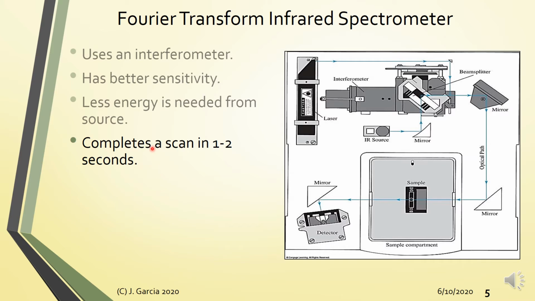With the dispersive IR instruments in the old days, to get a single scan, it would take around 1 to 2 hours before you could get the whole spectra. And this is because of the lower sensitivity of the detectors.